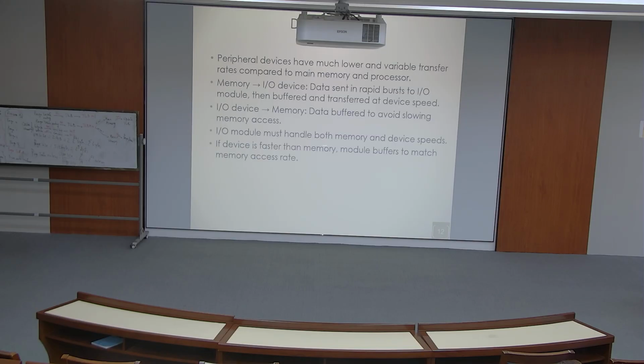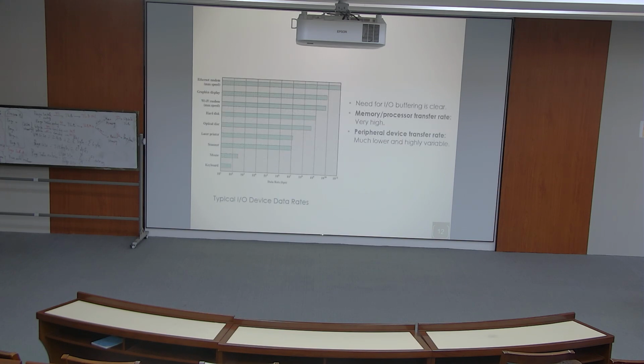If the device is faster than the memory, the input-output module needs to store the data to match the memory access rate. Now, we have this data buffering image to depict why the buffer is very important.